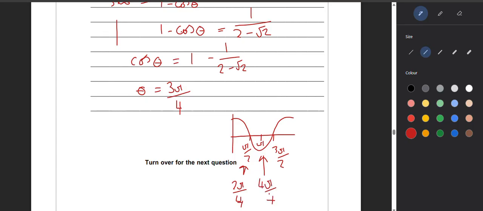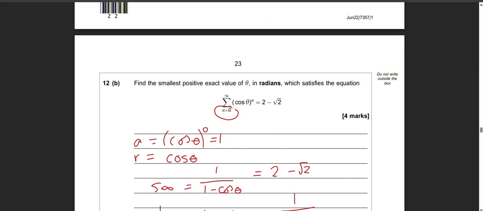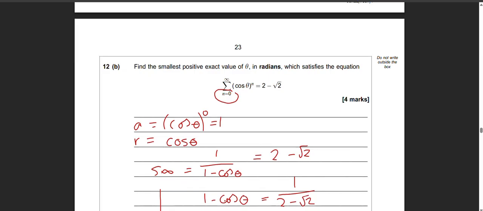So we've got 3 pi over 4, so we're somewhere here. It is 135 if you turn it into degrees. It's there, so that's the smallest value that we're going to get. The only other value is here, which would be bigger. So that is our solution. Theta would therefore be 3 pi over 4 to make the sum to infinity 2 minus root 2.